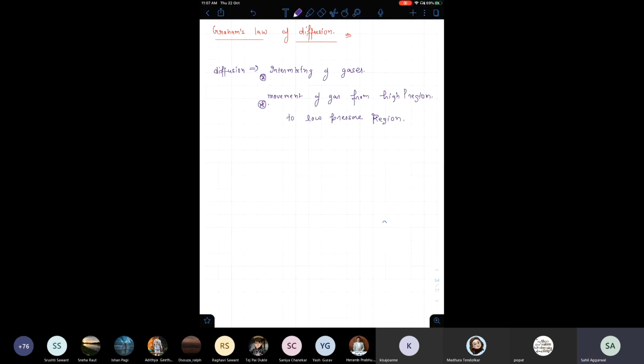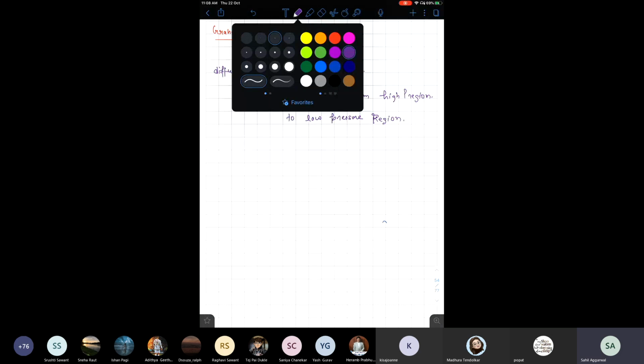But we are reading Graham's law of diffusion. We are reading a particular law. What does it say?